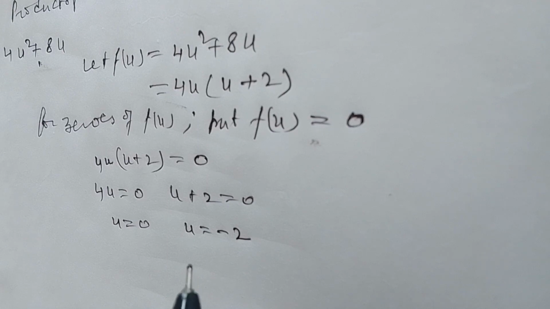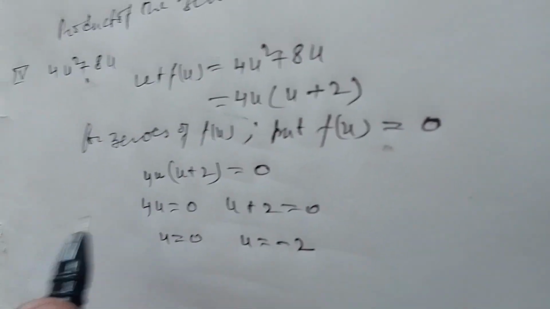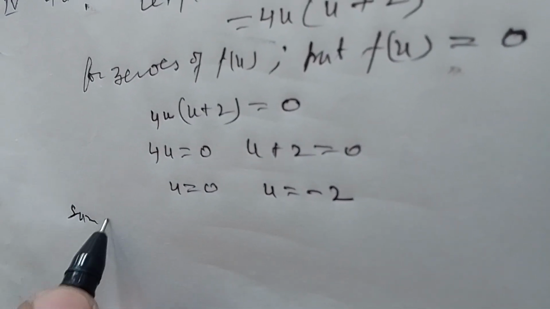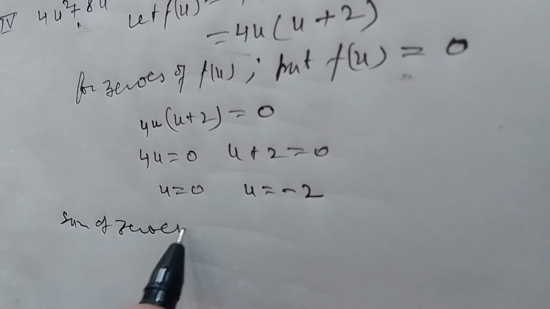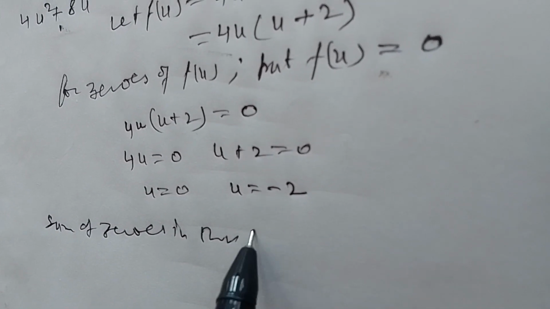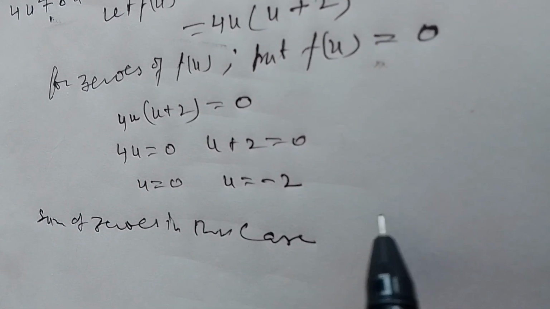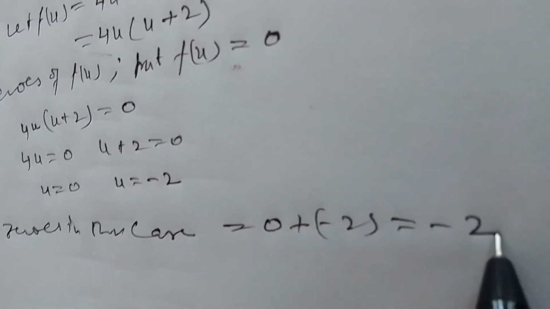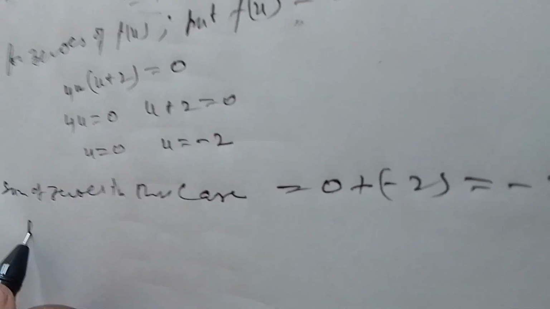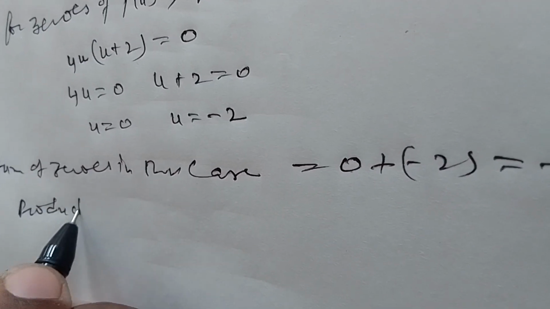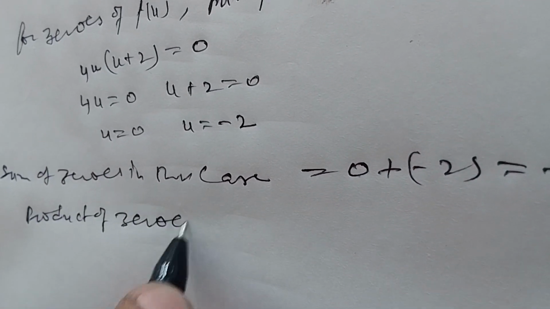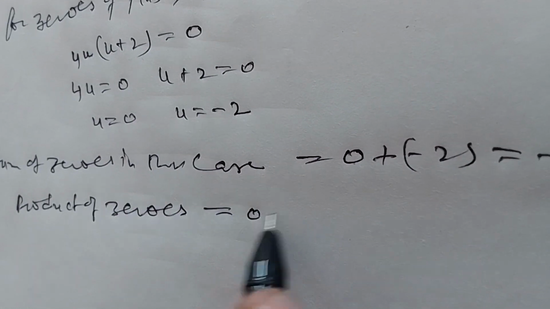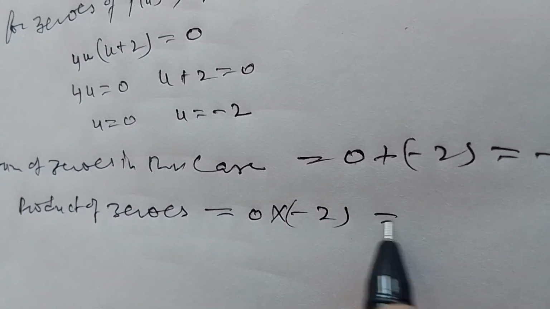So the sum of zeros in this case comes out to be 0 plus minus 2, which is minus 2, and the product of zeros comes out to be 0 multiplied by minus 2, which is 0.